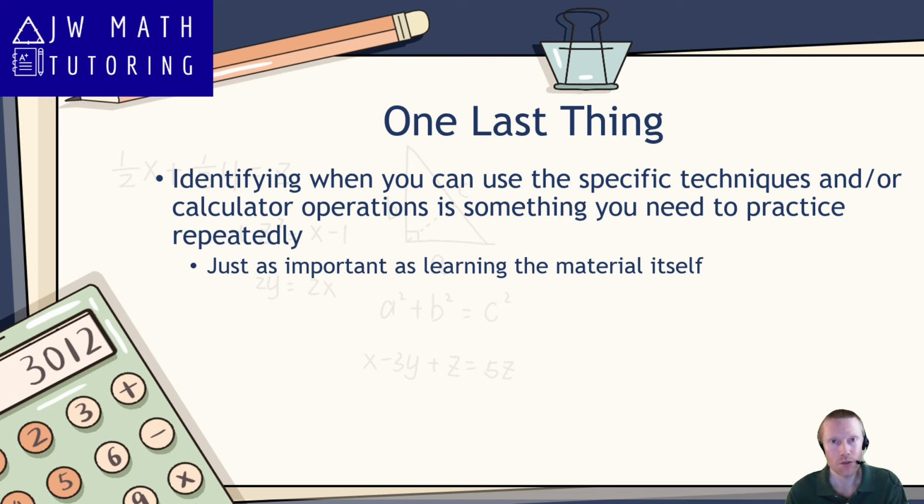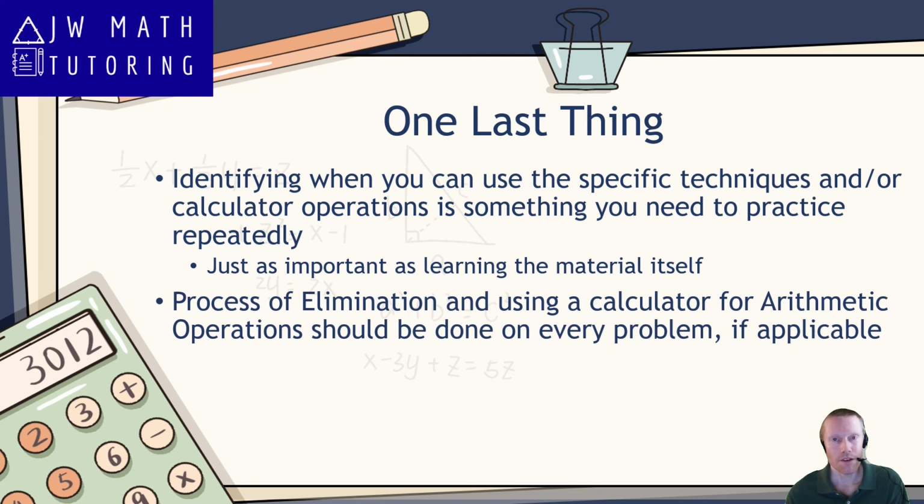So in other words, you need to begin practicing recognizing, okay, here's a problem where I can use backsolving or plugging in the answers, or here's a problem where I can use the graphing calculator to solve the entire thing for me. Those are things you want to practice and work on, just like you are practicing and learning whatever material you are reviewing for the test. Basic things like slope-intercept form of a line, how to find the slope between 2 points, or different trigonometric functions in a right triangle, all the stuff like that.